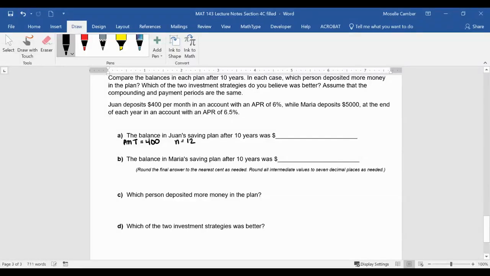So my n is going to be 12. Go ahead and write that down. My APR is 6% for him, so it's 0.06. And we are putting this in for 10 years. So my balance is going to be my payment times 1 plus my APR divided by my n, raised to the n times my y, minus 1, all over APR divided by n.